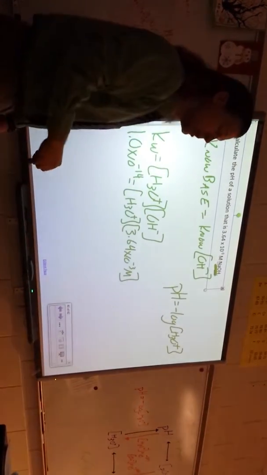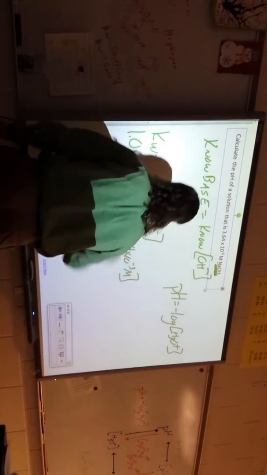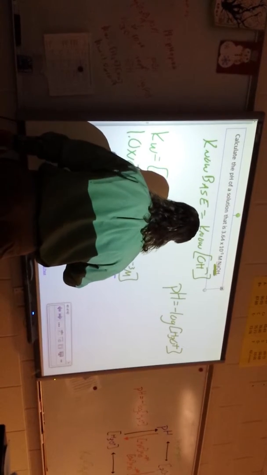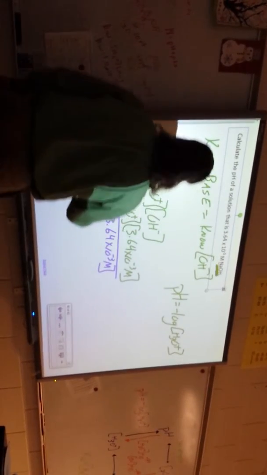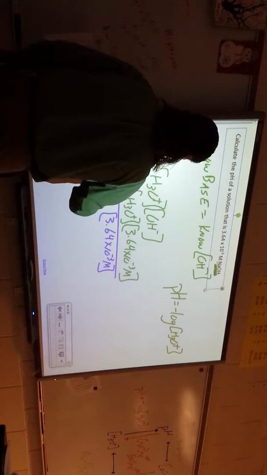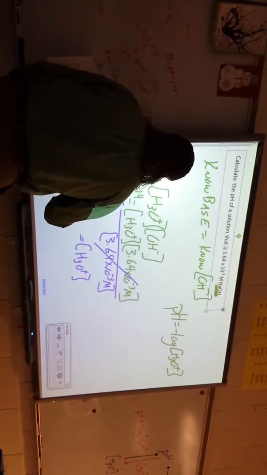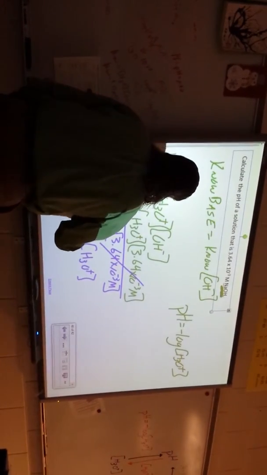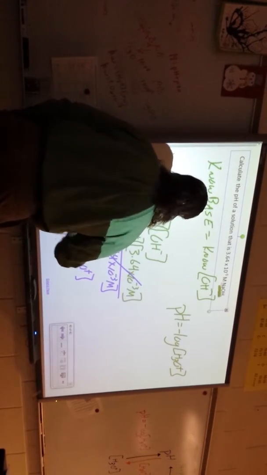Because it's a base, I divide both sides by the 3.64, and I calculate the H3O+ value, this time to be 2.75 times 10 to the minus 12 molar.